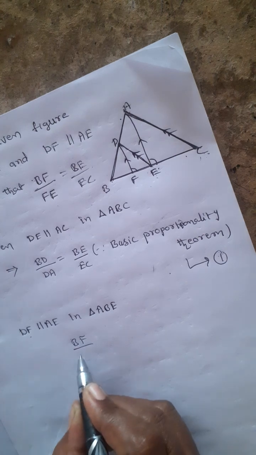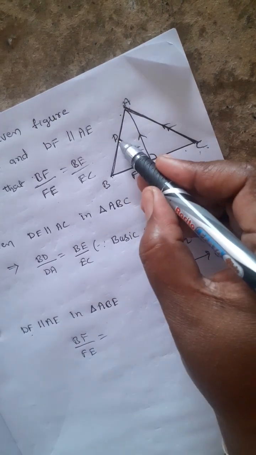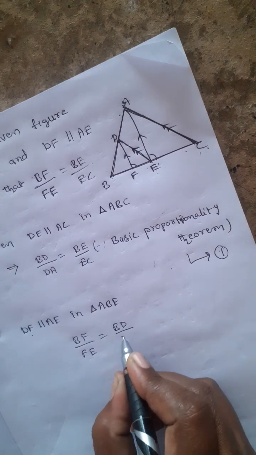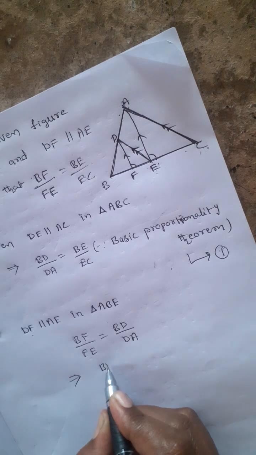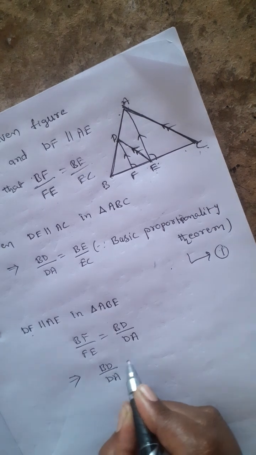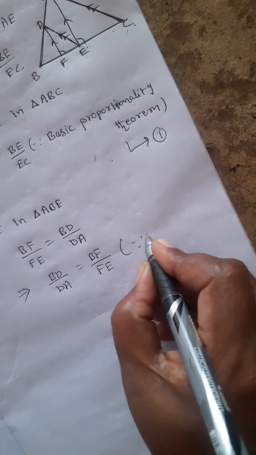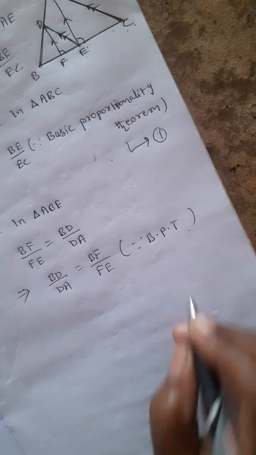BF by FE is equal to BD by DA. So that implies BD by DA is equal to BF by FE, since basic proportionality theorem, BPT theorem.